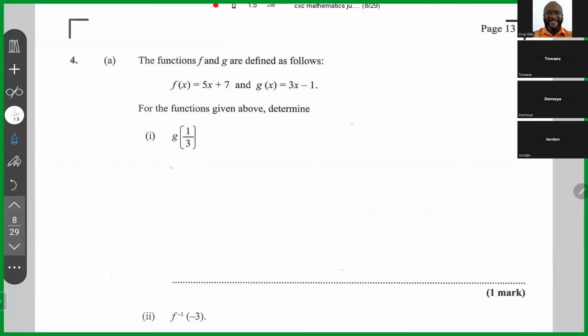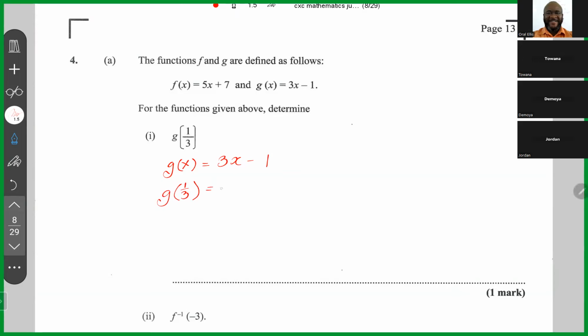All right, so g of x is equal to 3x minus 1, and we're asked to find g of 1/3. Now, if you're given g of x and you're asked to find g of 1/3, all you simply have to do is, in g of x, wherever you see x, take out x and put 1/3.